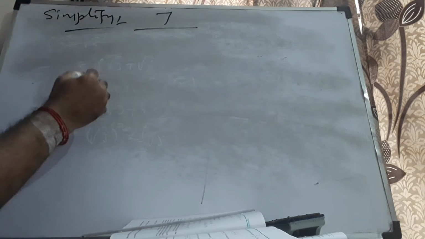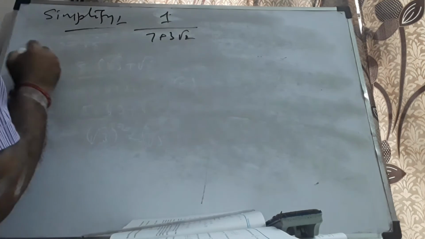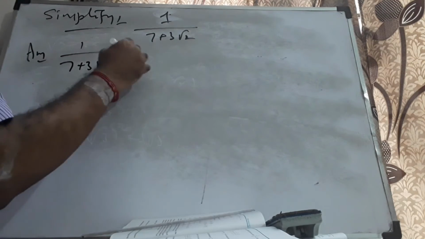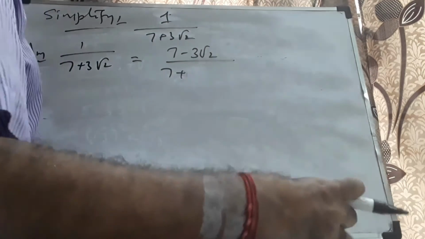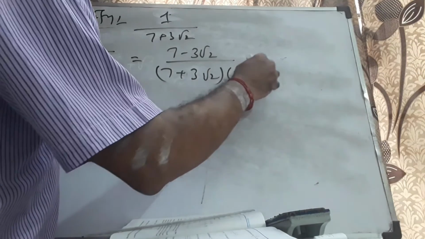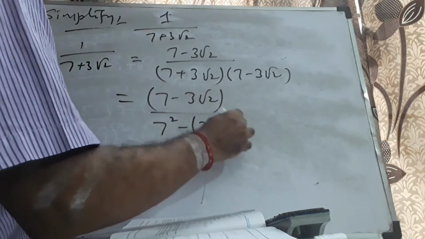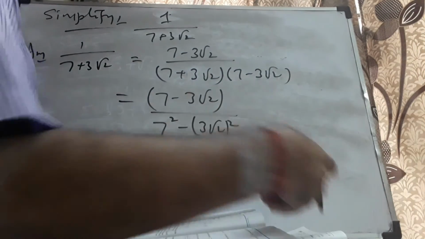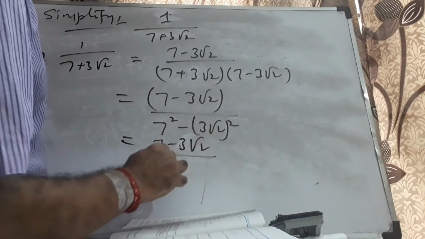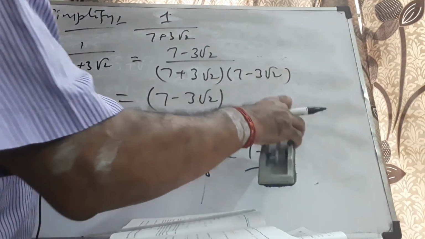1 upon 7 plus 3 root 2. The answer: 1 upon 7 plus 3 root 2 is 7 minus 3 root 2 divided by 7 plus 3 root 2 into 7 minus 3 root 2, which is 7 minus 3 root 2 divided by 7 square minus 3 root 2 the whole square, which is 7 minus 3 root 2 divided by 49 minus 18, which is 7 minus 3 root 2 divided by 31.